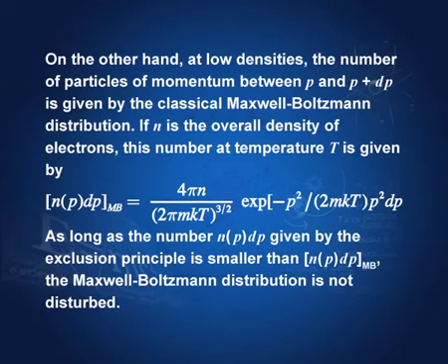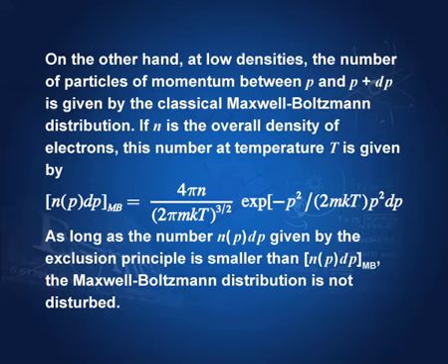On the other hand, at low densities, the number of particles of momentum between p and p plus dp is given by the classical Maxwell-Boltzmann distribution. If n is the overall density of electrons, this number at temperature T is given by N(p)dp.